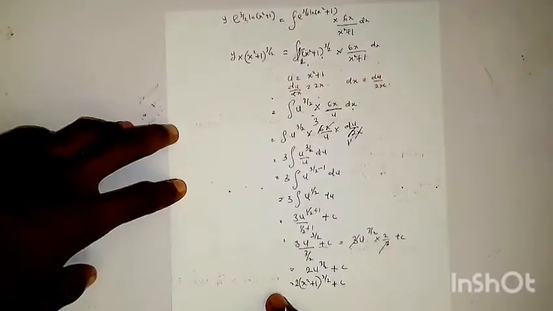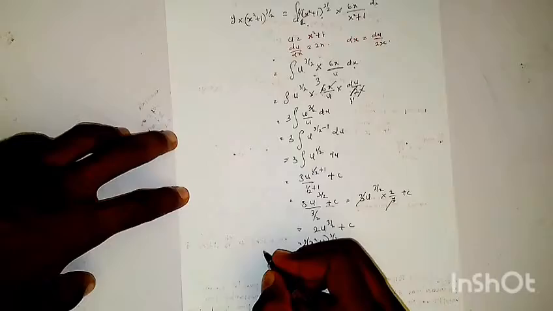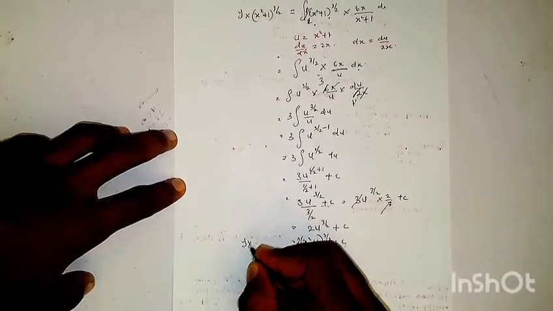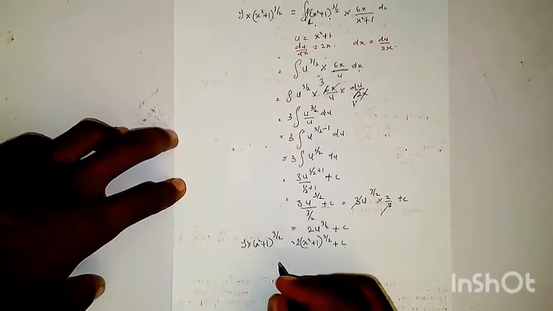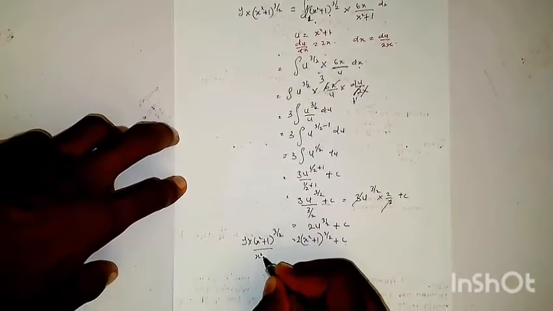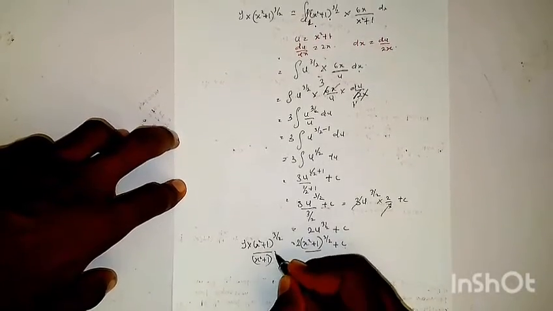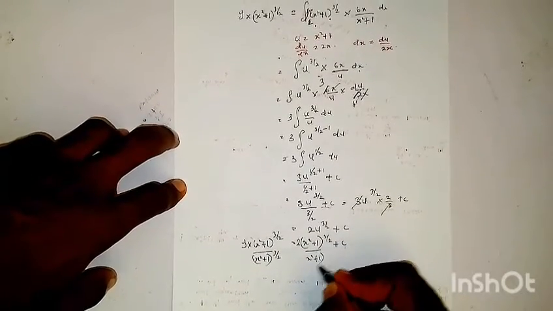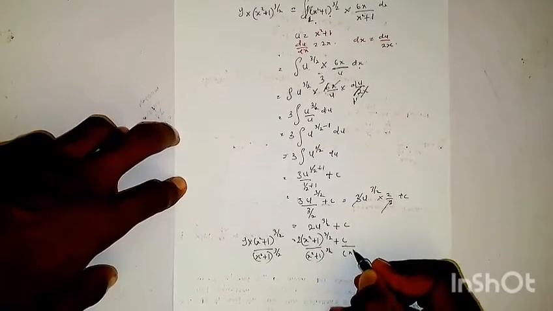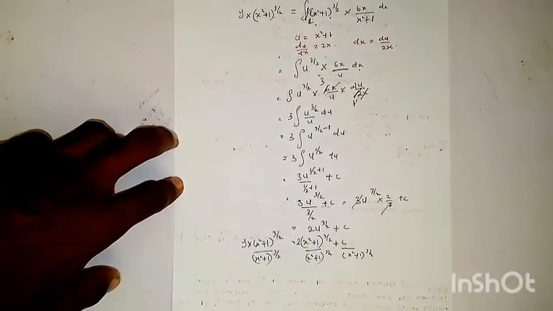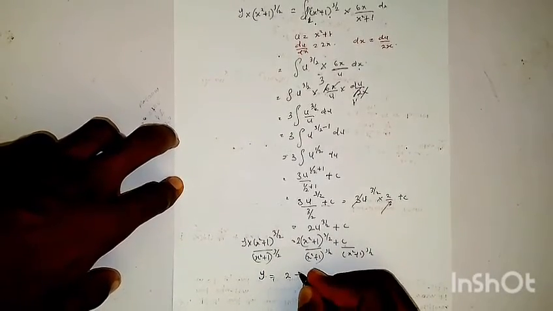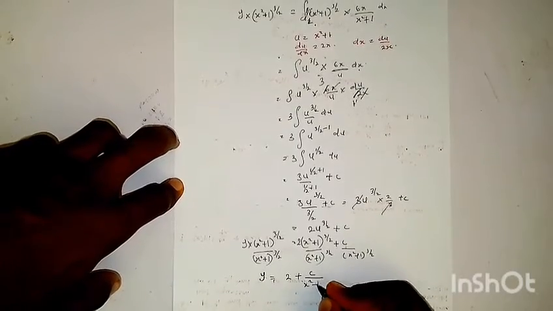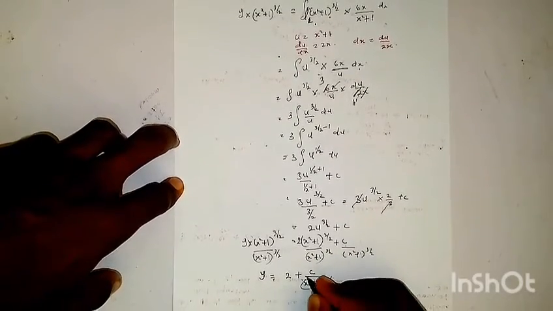Taking this and bringing what we have here, we have y times x squared plus 1 raised to the power 3 over 2 equals 2 times x squared plus 1 raised to the power 3 over 2 plus c. Now dividing both sides by x squared plus 1 raised to the power 3 over 2 gives me my final equation: y equals 2 plus c over x squared plus 1 raised to the power 3 over 2.